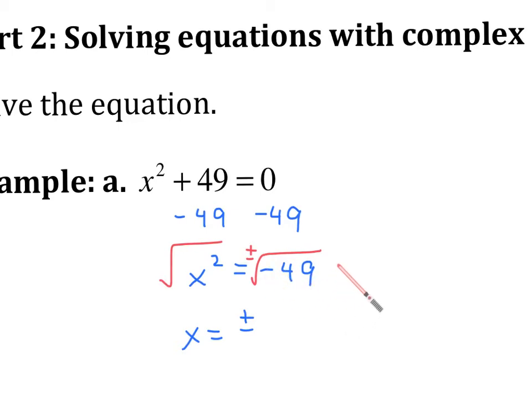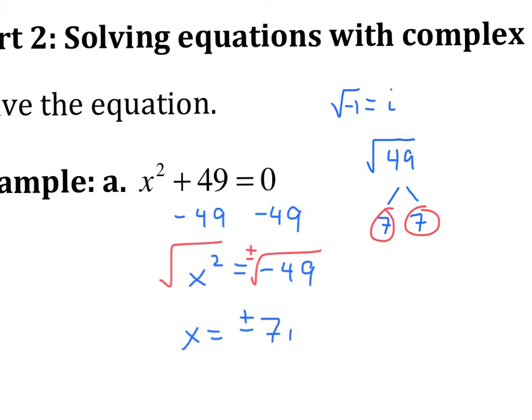The negative comes out as an i because the square root of negative 1 is i. And the 49, if we need to see how that breaks up, some people need to use a factor tree, and any repeats come out. Notice the 7 repeats. In other words, 49 is a perfect square. So my answer is plus or minus 7i.